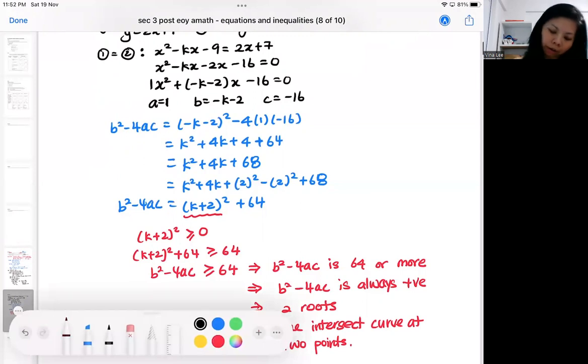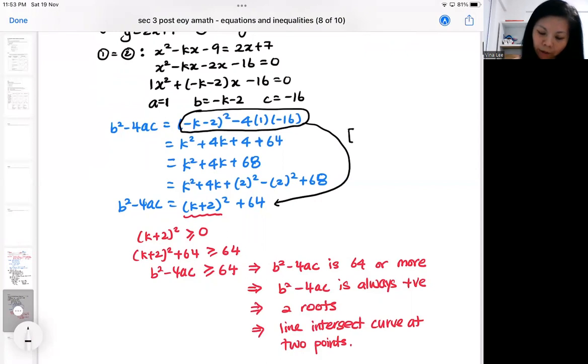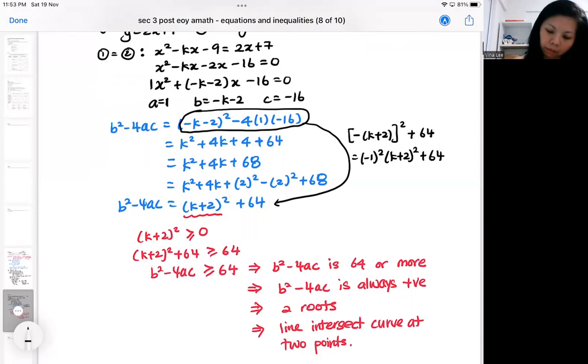In fact, from here, we can also do a direct way to get to this. I can factorize out a negative. When I factorize out a negative, you square the -1 in the bracket, so you also get the same answer as if you complete the square.